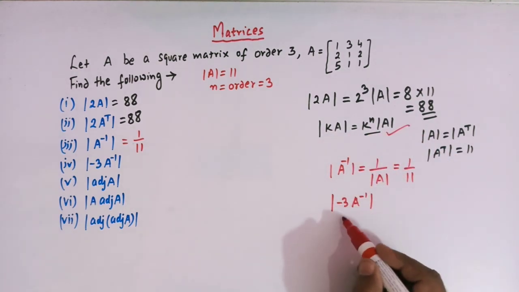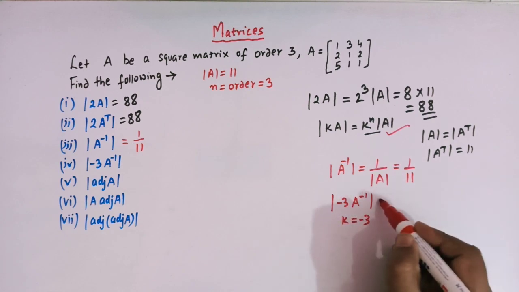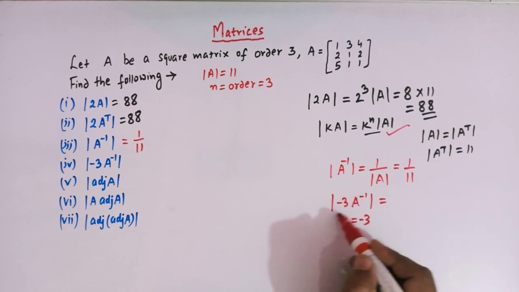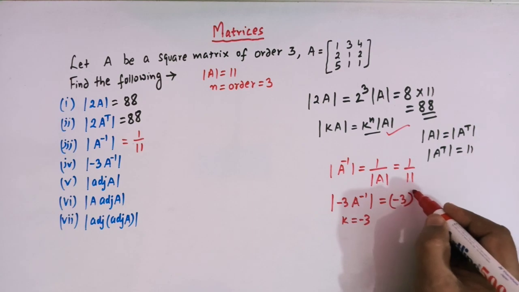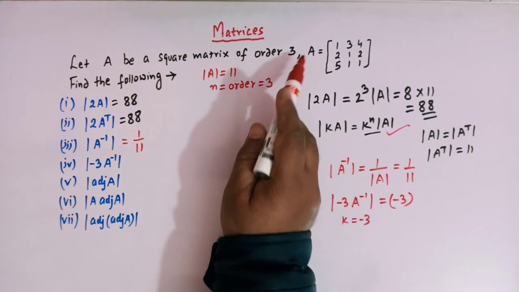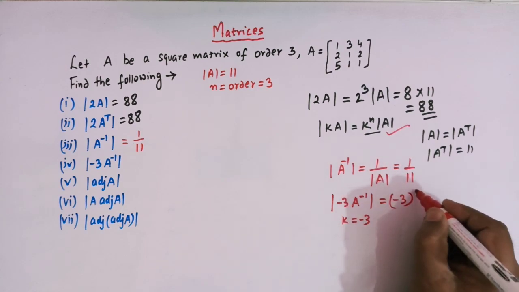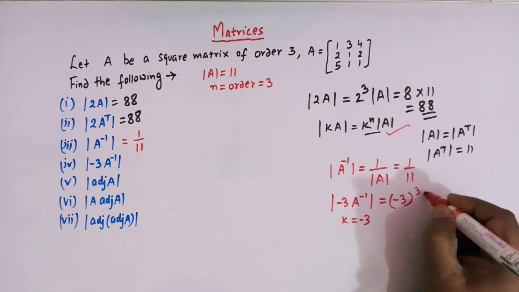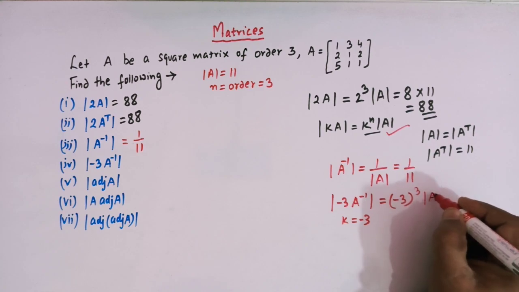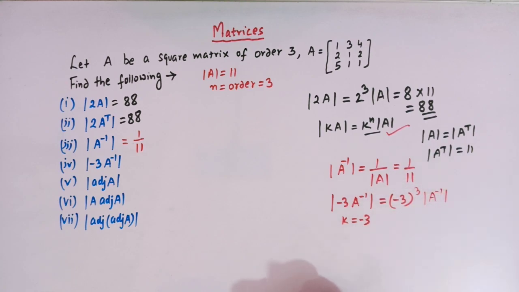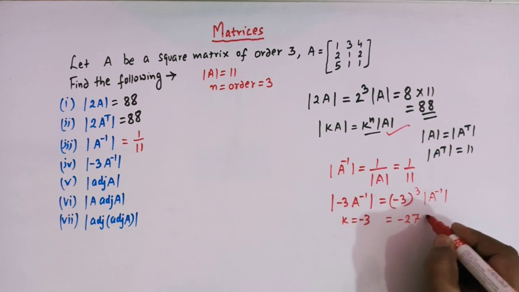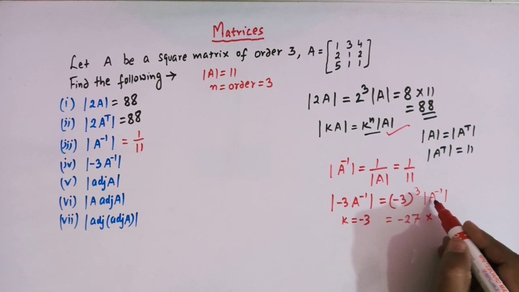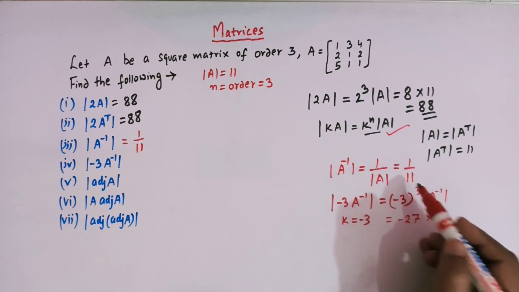Here the value of k is minus 3, so if we take this minus 3 outside, then we'll have minus 3 raised to the order of the matrix A. Here n is 3, and we have the determinant of the inverse of matrix A. Minus 3 cube is minus 27, and we have just calculated the determinant of the inverse of matrix A as 1 over 11.